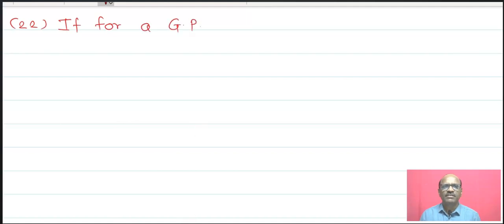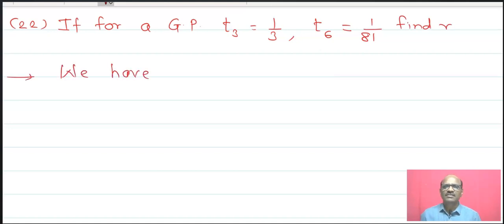Now next, question number 22. If for a GP T3 is equal to 1 upon 3 and T6 is equal to 1 upon 81, then find R. Again in this case we will apply the formula for Tn is equal to A into R raised to n minus 1.